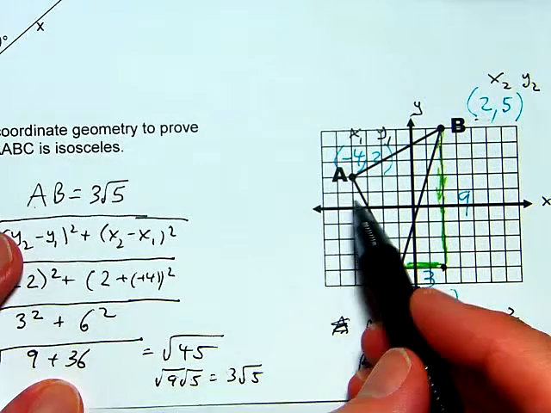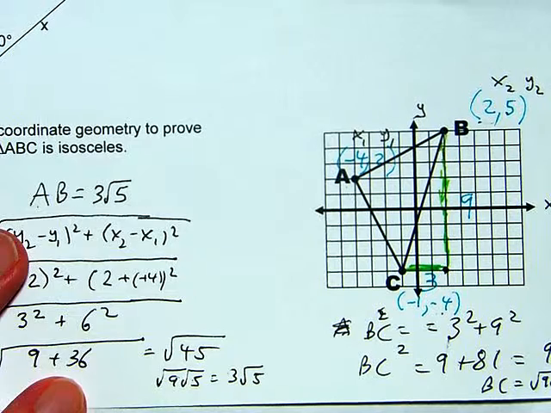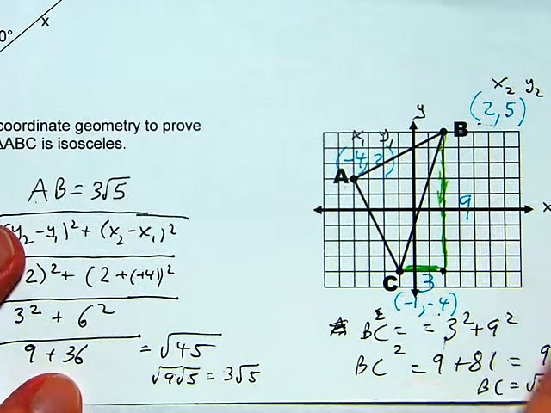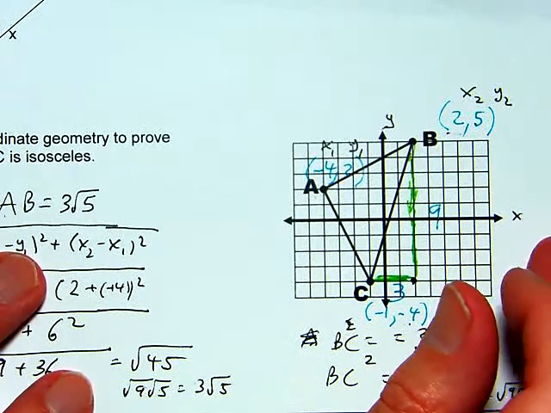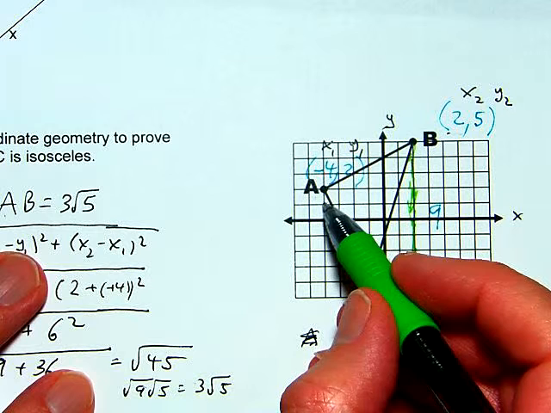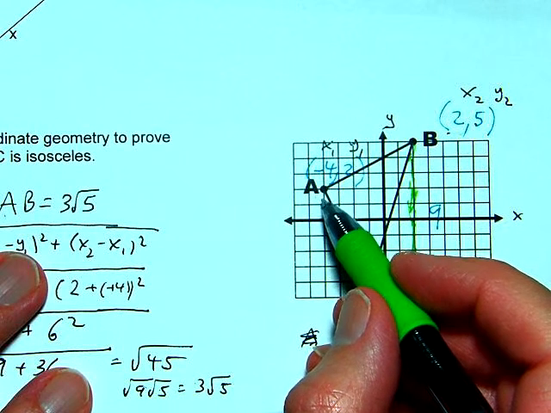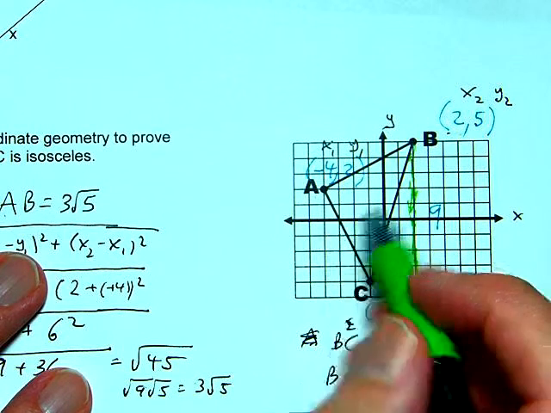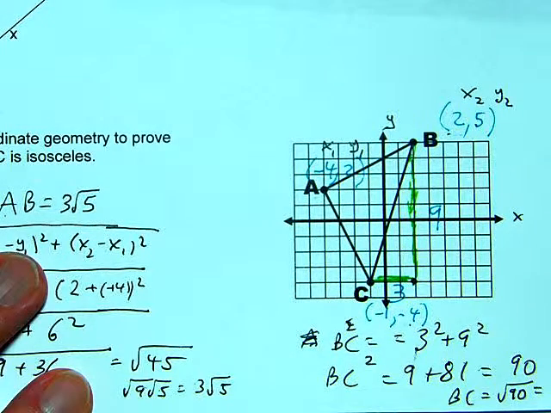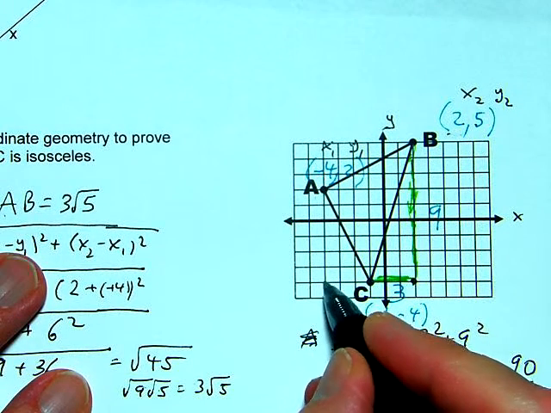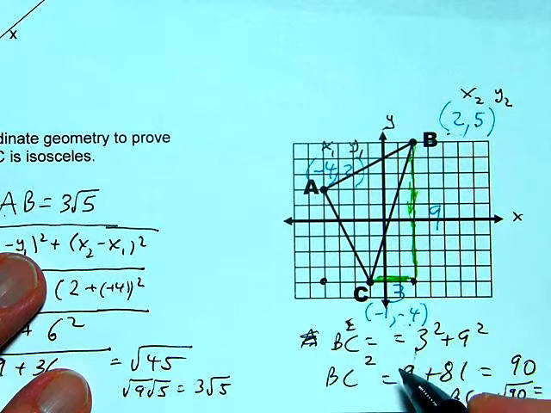We're going to have to calculate the length of AC and see if we can prove that through the length of AC. So let's go ahead and let's again use the Pythagorean theorem to write down the length of each of the sides. So first we've got to calculate where our vertex of the right triangle will be.